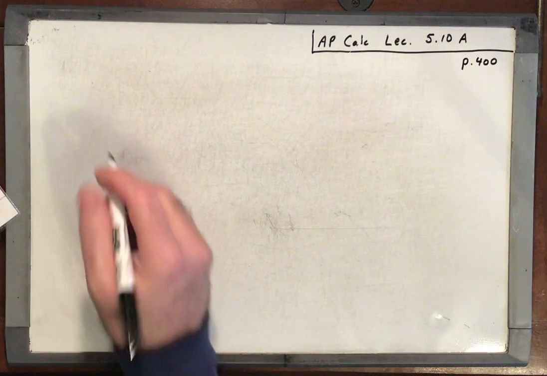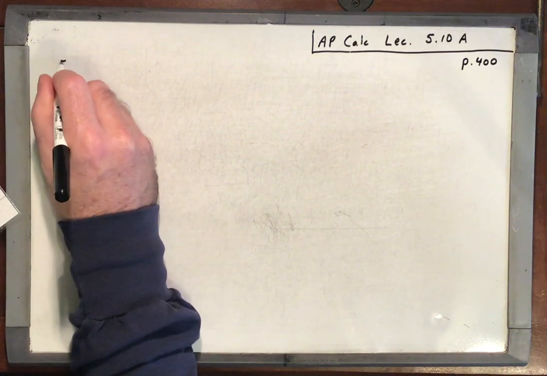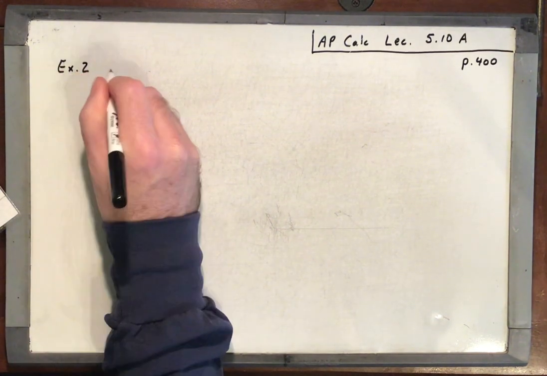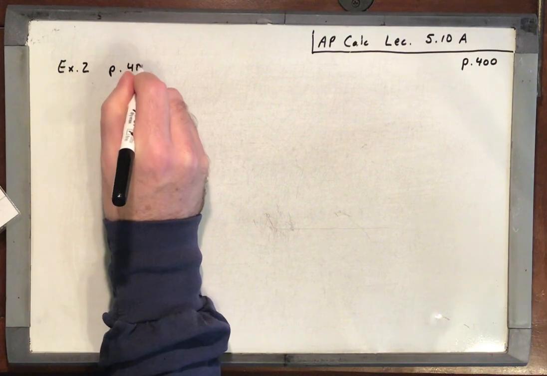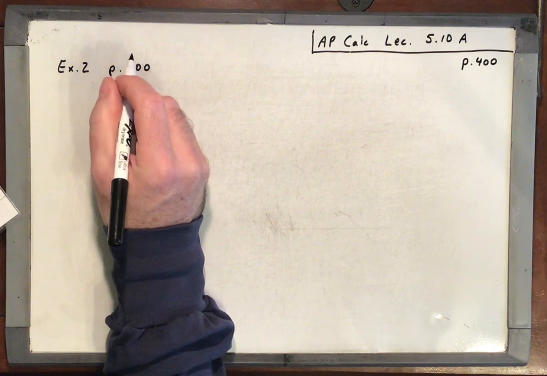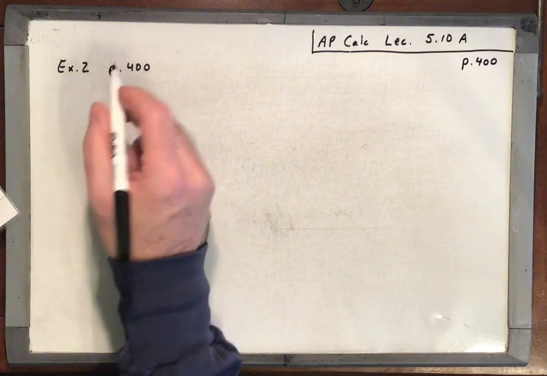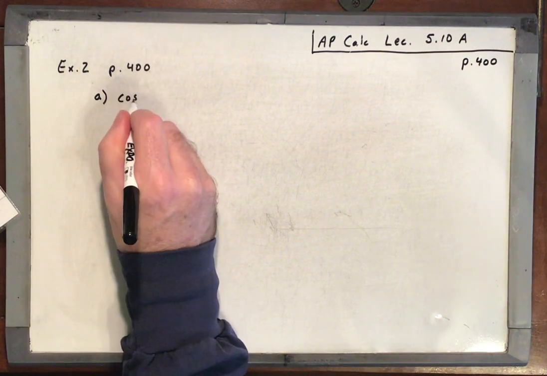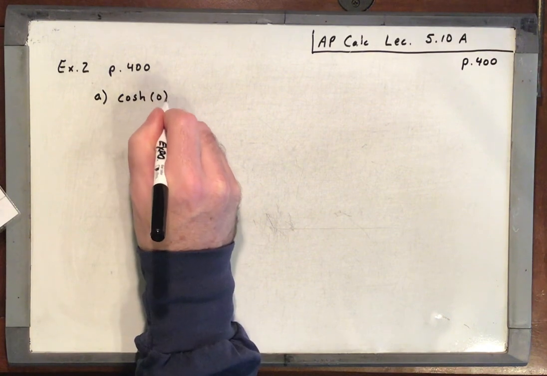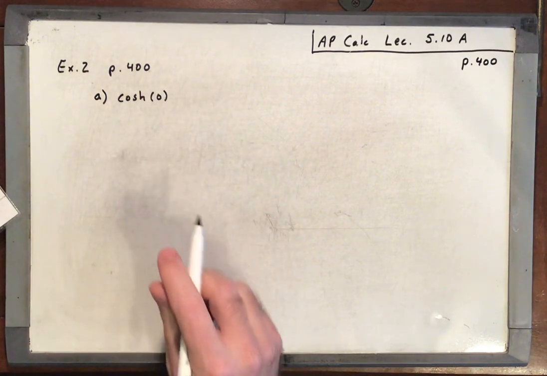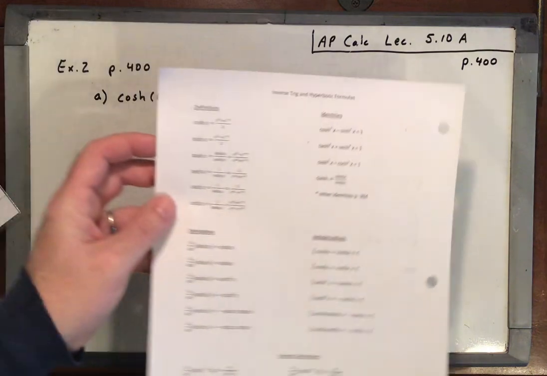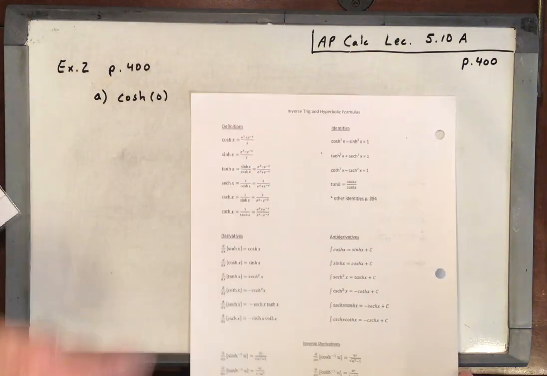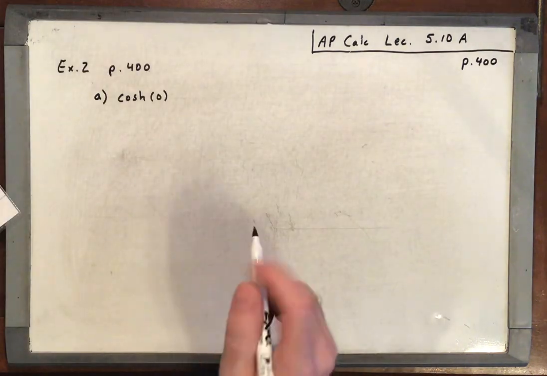The first one we're going to work is example 2 on page 400. So example 2 just wants us to evaluate, so 2a, hyperbolic cosine of 0. What you do is you just look at the definition on your sheet right here, plug 0 in for x.